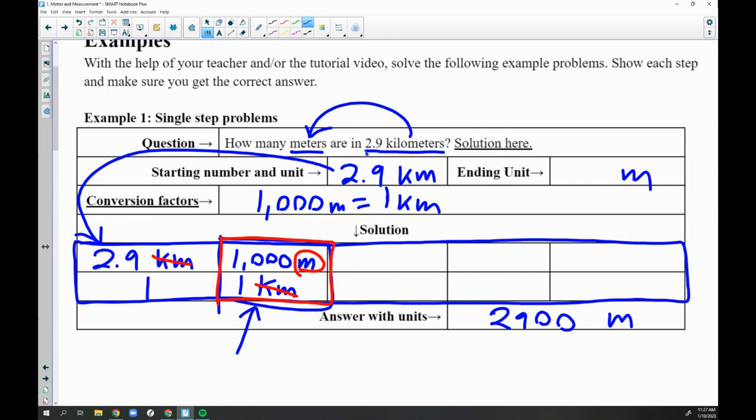If you're comfortable with decimals, you didn't really have to use a calculator there, because anytime you're multiplying a decimal by 1,000, all you have to do is move the decimal 3 places to the right, which is how we come up with the 2,900. If you were dividing by 1,000, you'd move it 3 places to the left. But if you're not comfortable with that, just use your calculator. That's fine also. Any questions?